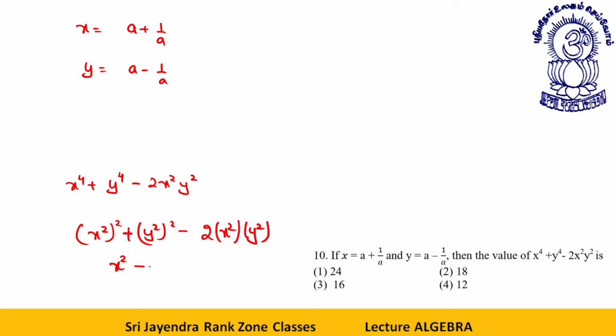This will be what? x square minus y square whole square. Fine, this is what I require. Or I can say x minus y into x plus y whole square of this.